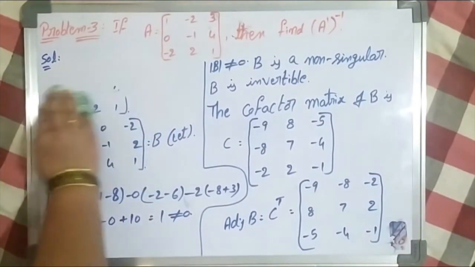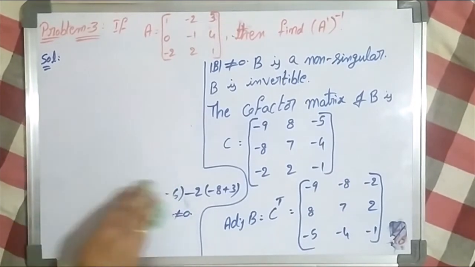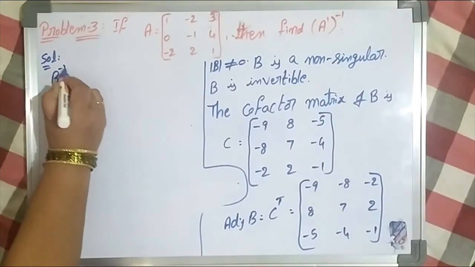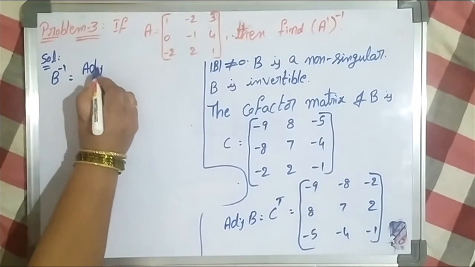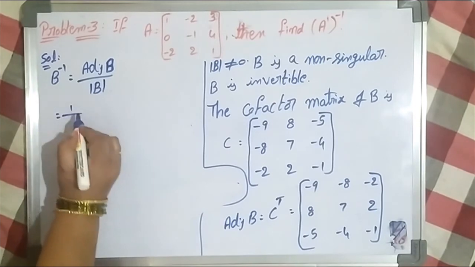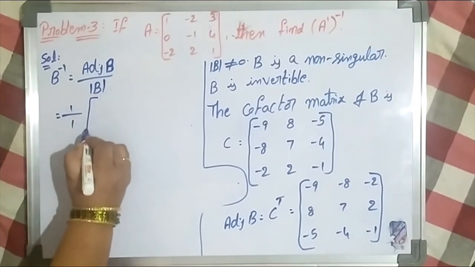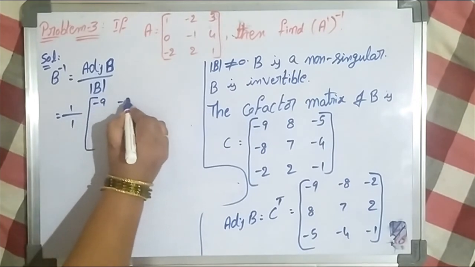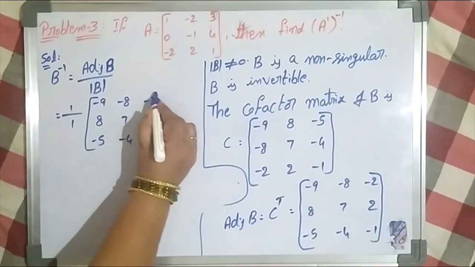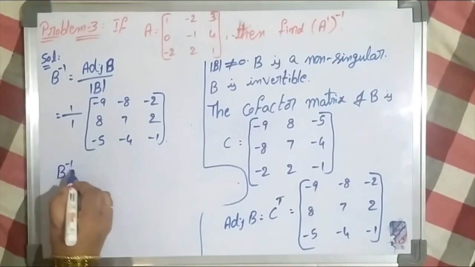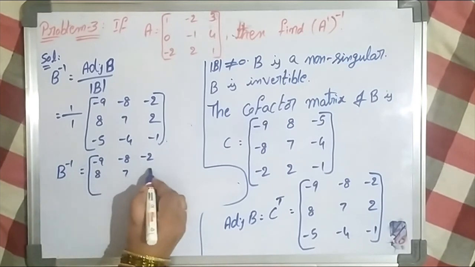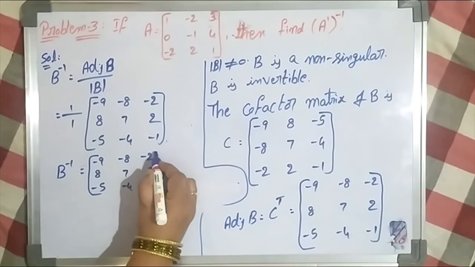B inverse equals adjoint of B by det B, which is 1 by 1 into adjoint of B. Then B inverse equals [minus 9, minus 8, minus 2; 8, 7, 2; minus 5, minus 4, minus 1].